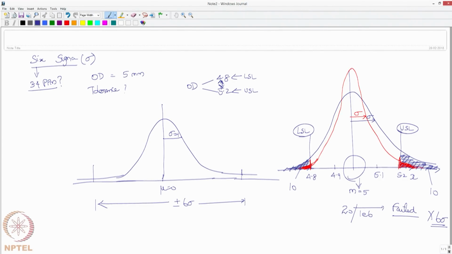What you can do is go and find out the area here. Imagine that I replace these two with my lower specification limit and upper specification limit, for my manufacturing process, but it can be for any design or any performance.